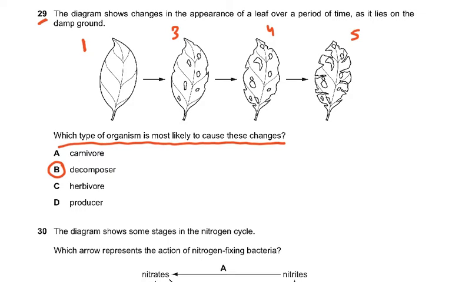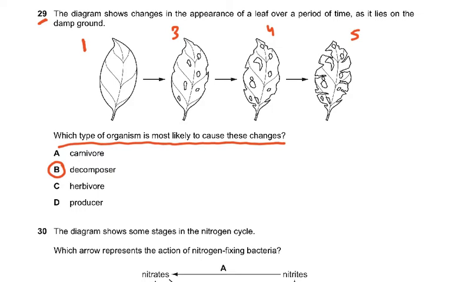And of course, the students were discussing whether it was a decomposer or a herbivore. And I thought to myself, how good or bad is the biology of these students who are discussing this question. How could it be a herbivore? A herbivore is like a sheep or a cow that is going to just chew up this leaf within seconds.